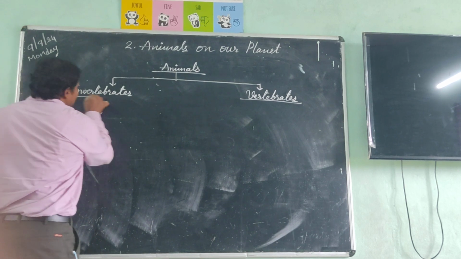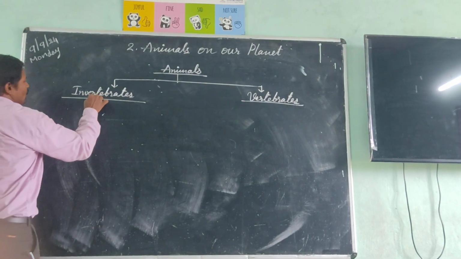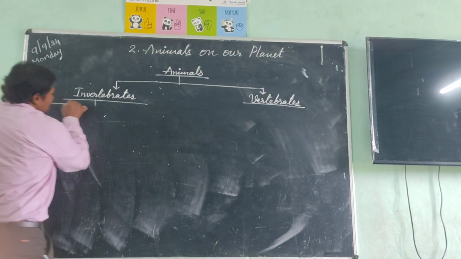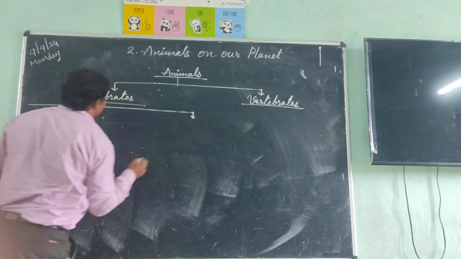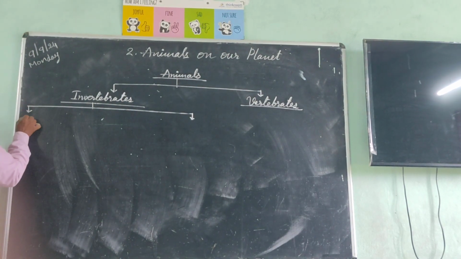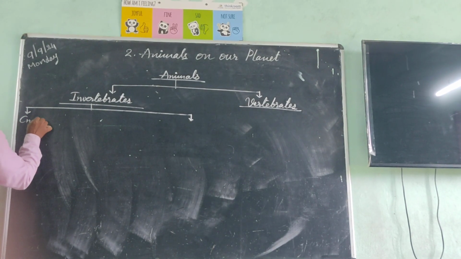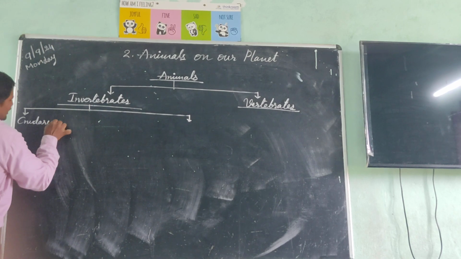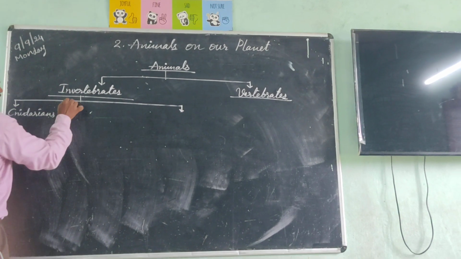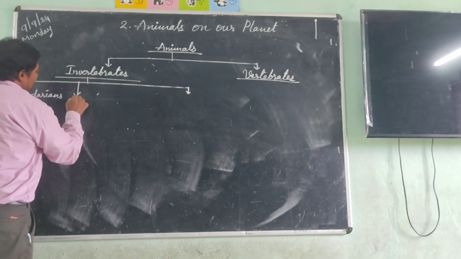Here invertebrates are again classified into four types. What are those four types of animals? One is cnidarians. Second one, mollusks.